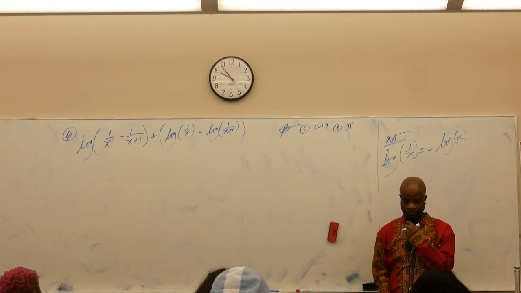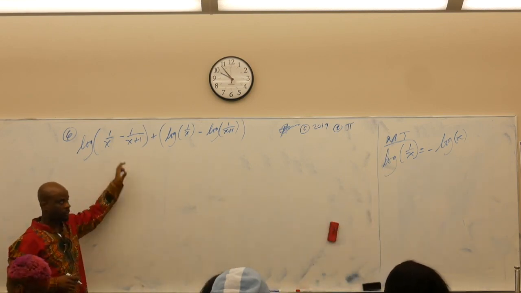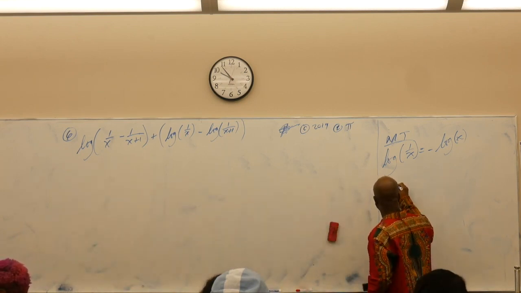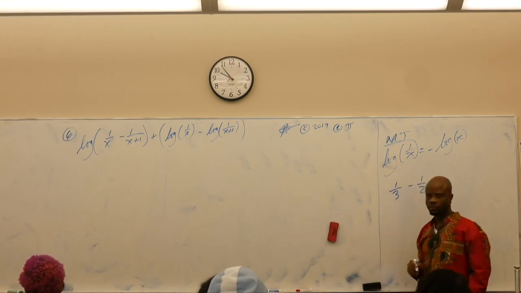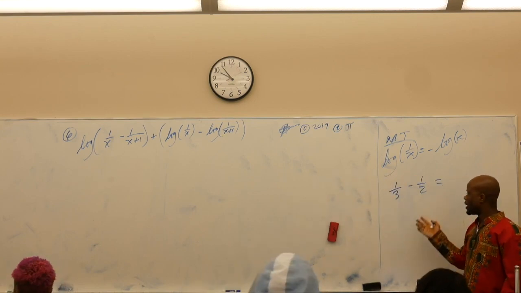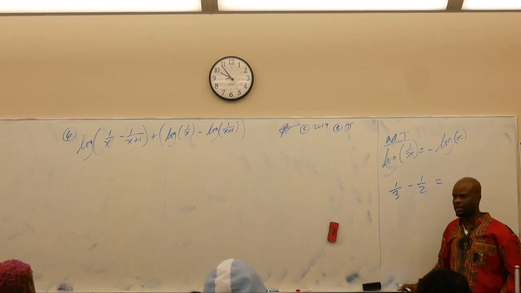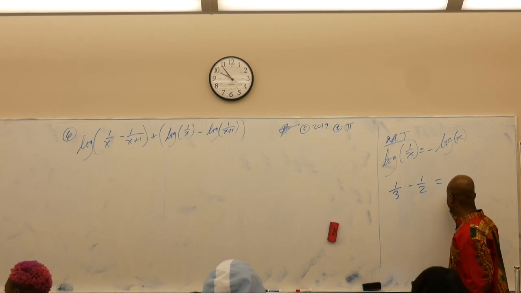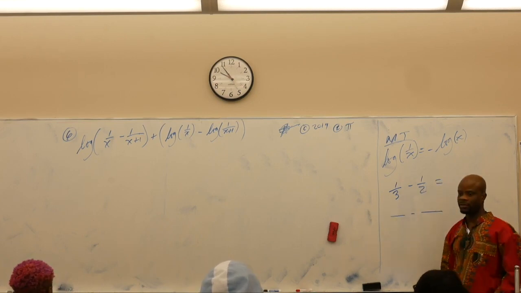We ready? All right. So here's the first thing. If I have a third minus a half, how would I start solving it? You have to make a common denominator. So what would be their common denominator?